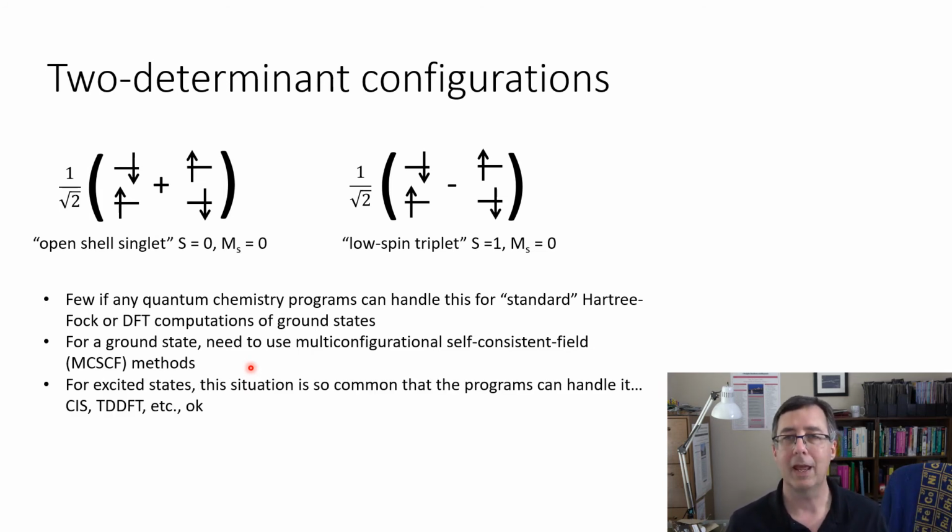So that's okay. If you have a singlet excited state that looks like this, then you do a CIS calculation or a TD-DFT calculation starting from a closed shell ground state, no worries. But if this was your ground state, that's where you'd have to go to MCSCF or something, okay?